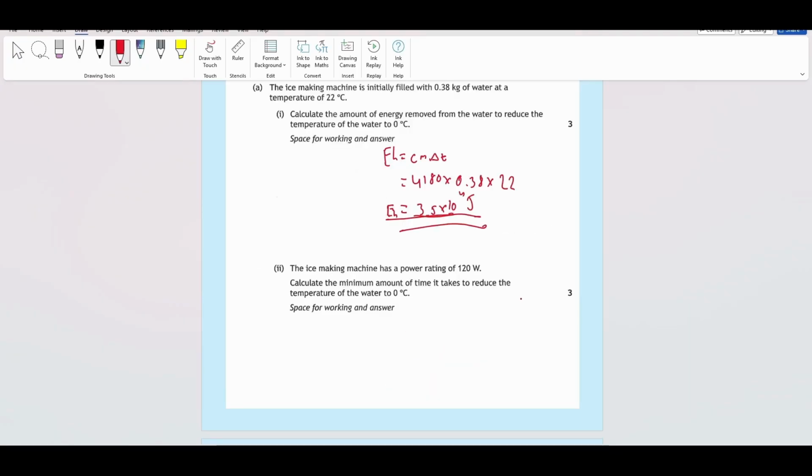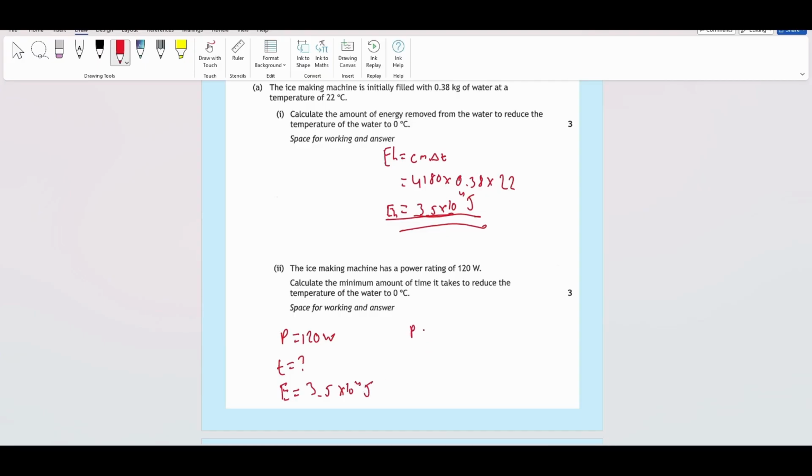Next, we're told the ice making machine has a power rating of 120 watts, and we have to calculate the minimum time it takes to reduce the temperature of the water to 0 degrees Celsius. So here we're given the power, which is 120 watts. We need to work out the time taken, so T is unknown. And the only thing missing from this equation is E, the energy, which we just calculated up here, which is 3.5 times 10 to the 4 joules.